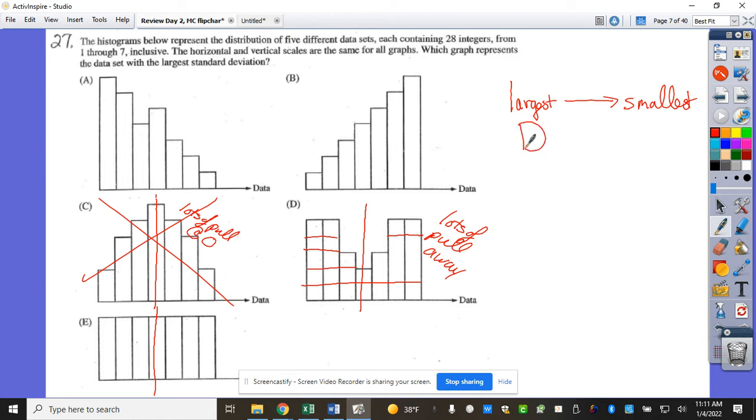Which is our smallest? Which one has a lot of no pull? And this would fall somewhere in between. Because I'm not saying I have a whole lot of pull away, I'm not saying I have a whole lot of pull at 0, so I would fall somewhere in between those two.